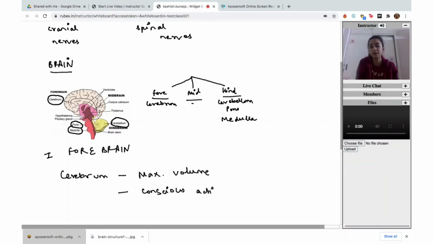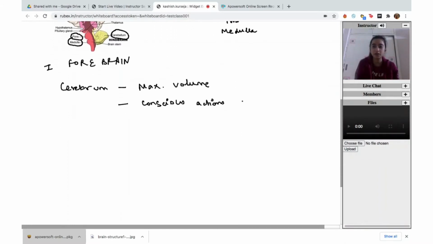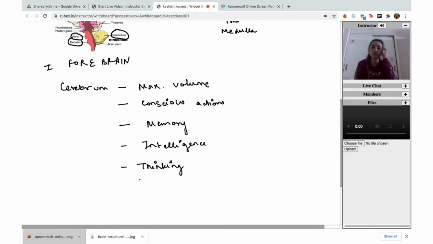That is, whatever work you do with thought and understanding, all of that your cerebrum controls, all of those actions that you're doing. Then it is also associated with memory, how much you are able to retain things, intelligence, associated with your thinking capabilities, that is the thinking thought process. So whatever happens with thought, that is all taking place using your cerebrum.